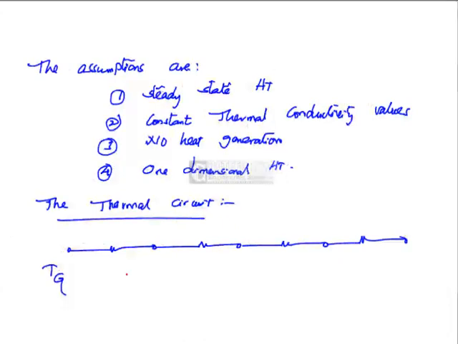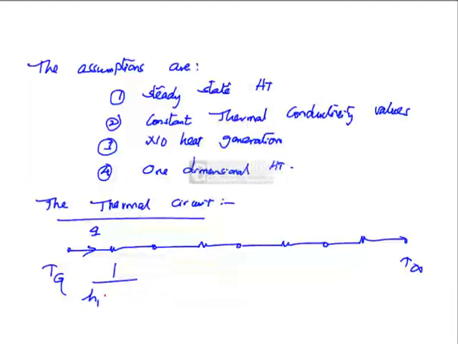So let Tg be the temperature of the gases. T infinity is the temperature of the outside environment. It is a series circuit, heat transfer rate is taking place. First resistance is convection. How is that?